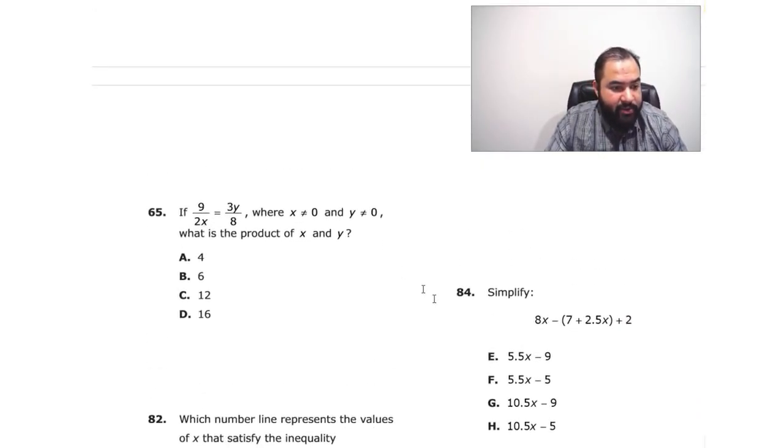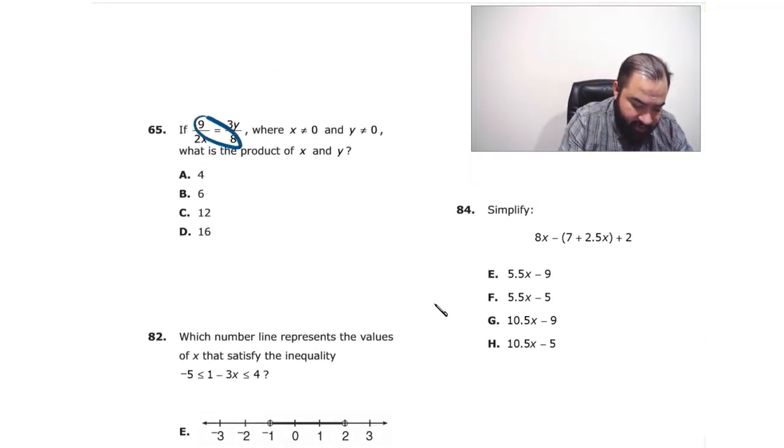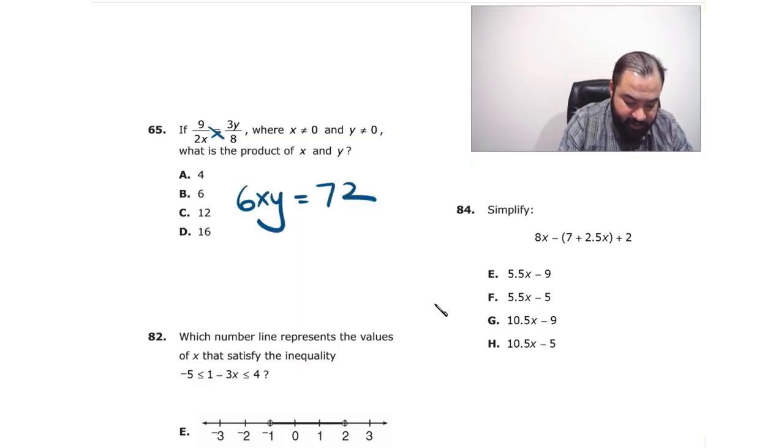Alright, now here's a bunch of algebra questions. Let's do the first one. There's an equal sign in the middle, so you can just cross multiply. So 2x times 3x is 6xy, 2x times 3y, and 9 times 8 is 72. Now look, what is the question asking? What is the product of x and y?